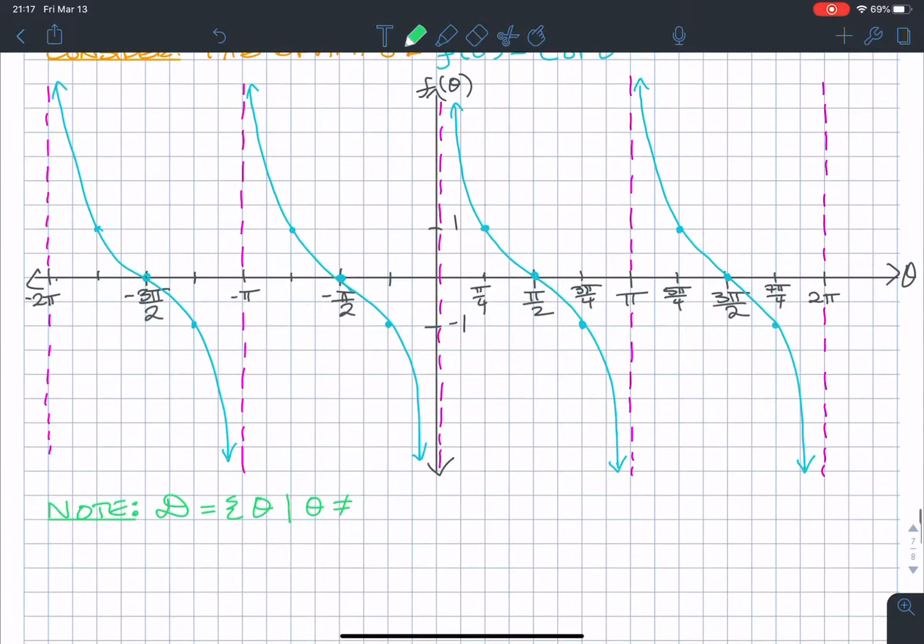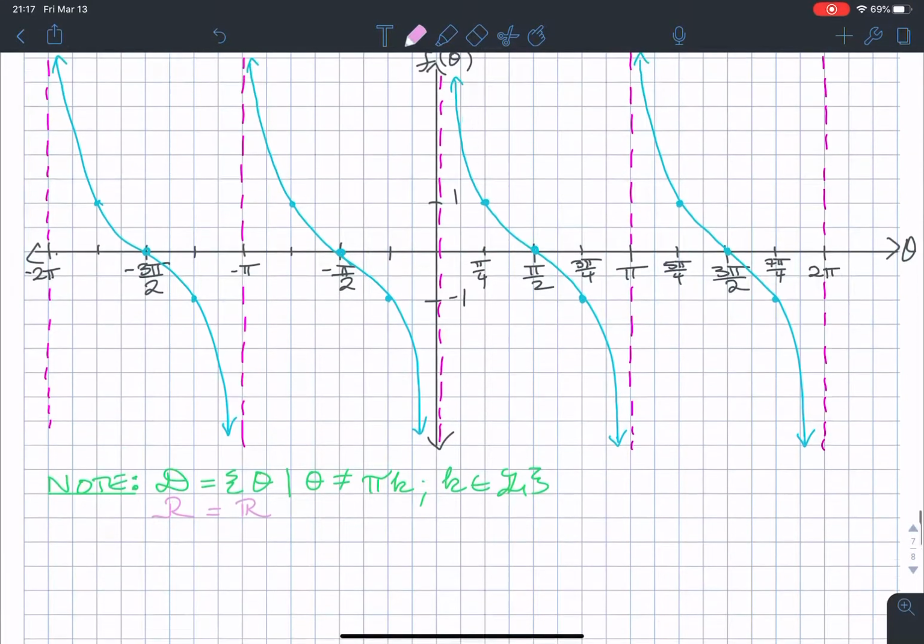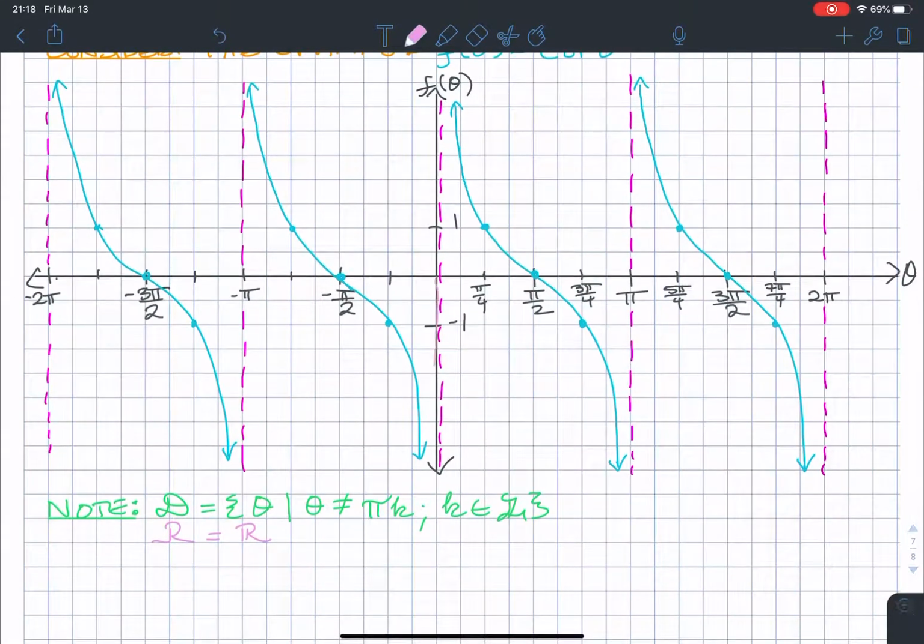That would be any integer multiple of pi, positive and negative. Those are the exclusions to the domain. The range, of course, much like tangent, is all real numbers. There is no interruption to the range. It goes infinitely downward and infinitely upward without any breaks.